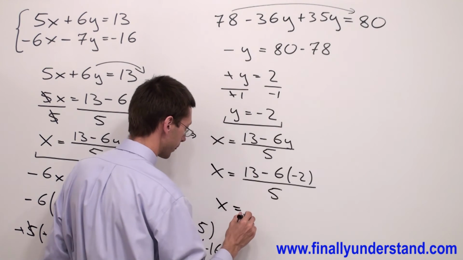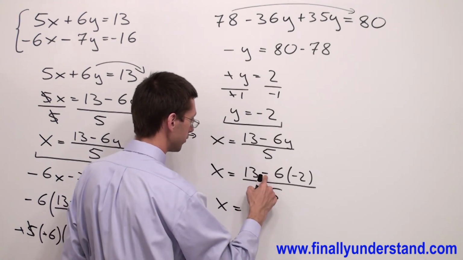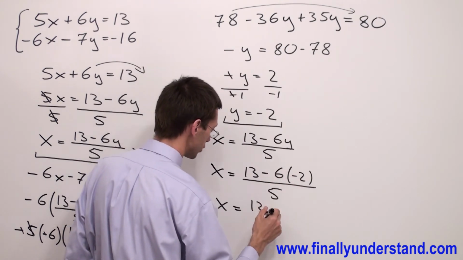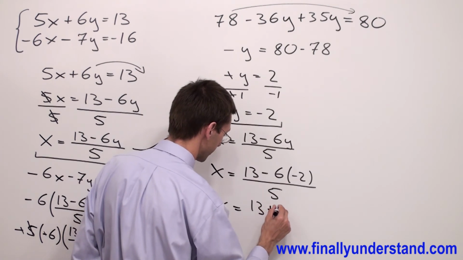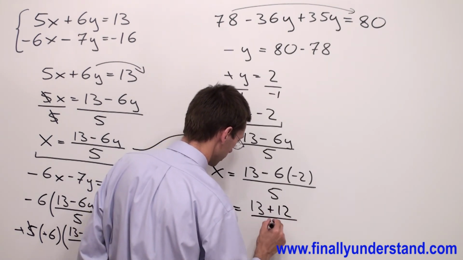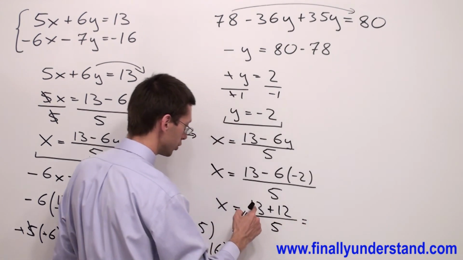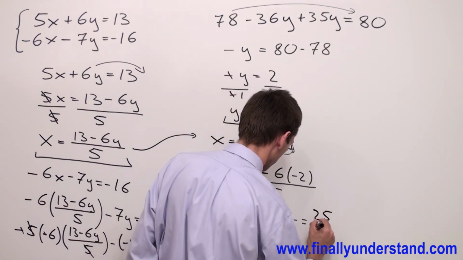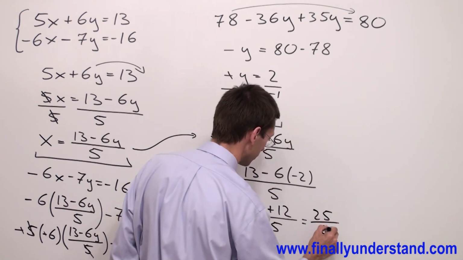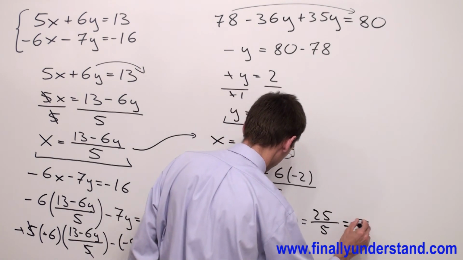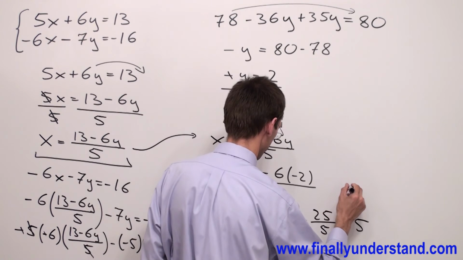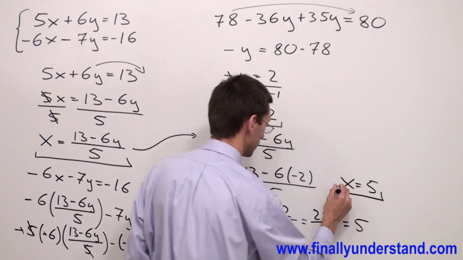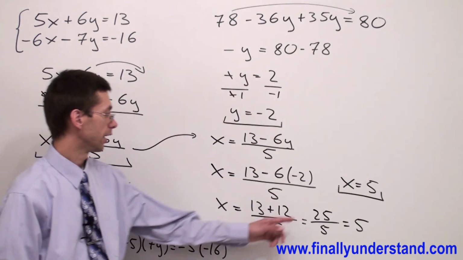X is equal to 13, negative times negative gives me positive, 6 times 2 is equal to 12, over 5. This is equal to 13 plus 12, which is 25, over 5. 25 divided by 5 is equal to 5. So the value of x is equal to 5. This is my value of x.